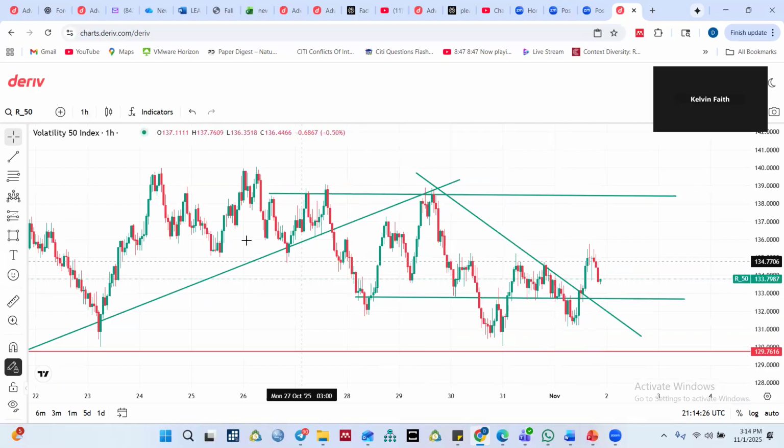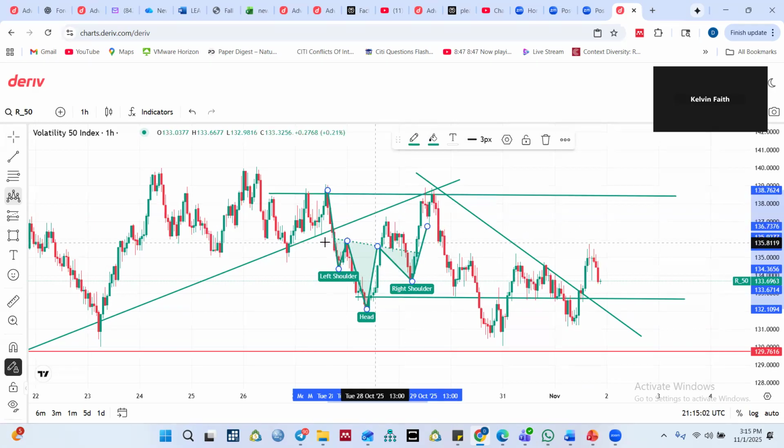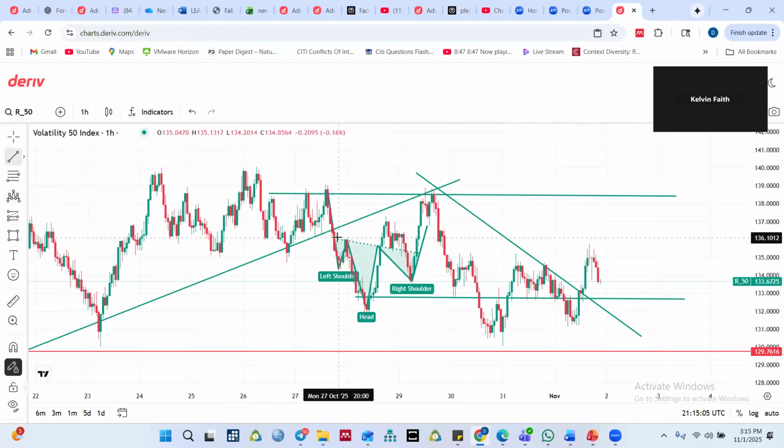On 1 hour, if I'm taking price from here, we have a low on the left, we have a head, price goes and breaks the neck, gives us a right, goes up, comes back to retest, gives us a right shoulder here, and boom, moves up. So we have this neckline here at this point.